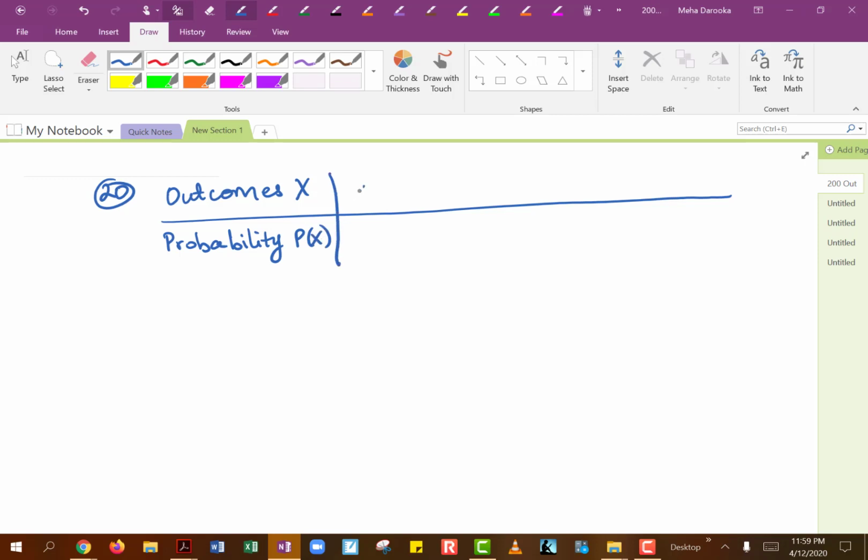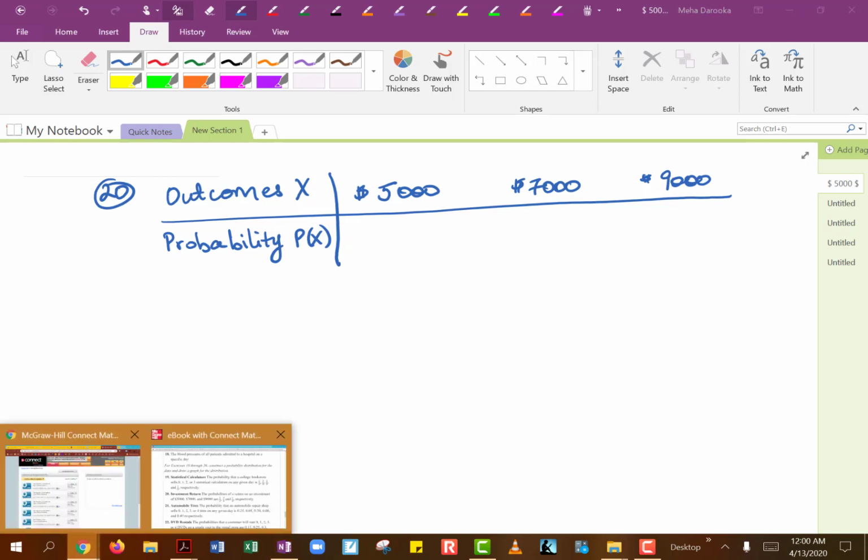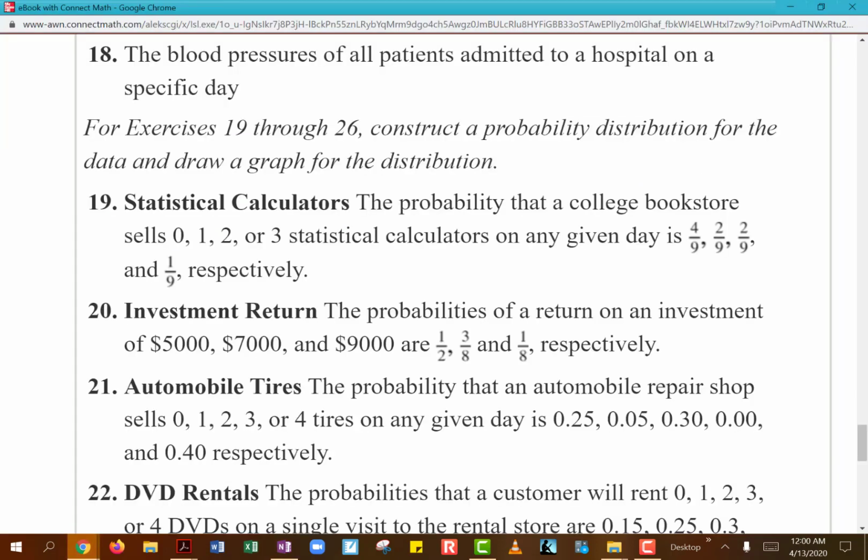So our outcomes, they are telling us, are an investment of $5,000, $7,000, and $9,000, and then they told us each respective probability was 1/2, 3/8, and 1/8.